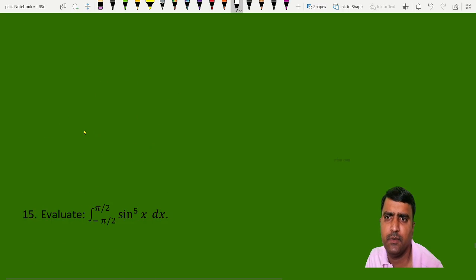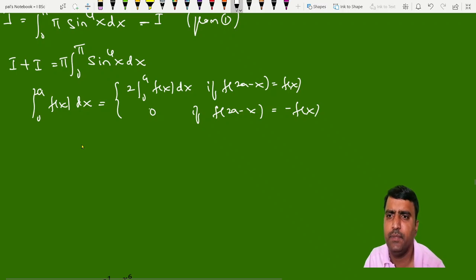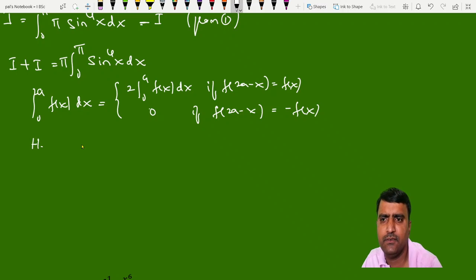By using this property, in place of f of x, it is sine to the power 4x. So here in place of 2a we have pi. So here f of x is equal to sine to the power 4x.